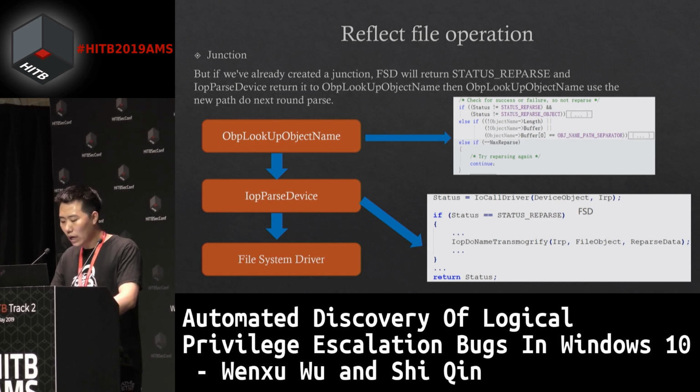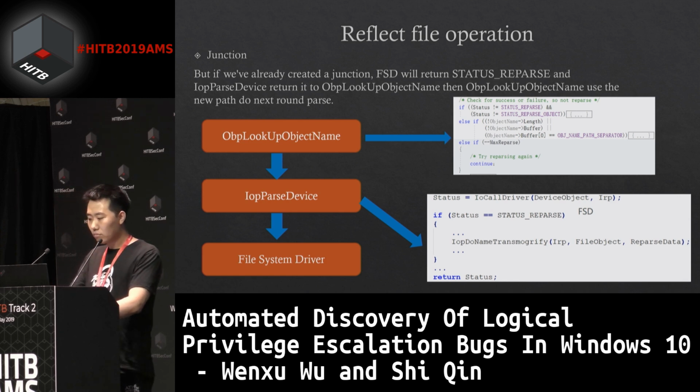The OBP lookup object name function will determine the status value returned by the underlying. If it's status reparse, it will parse again using the return value. This is the implementation principle of reparse point.